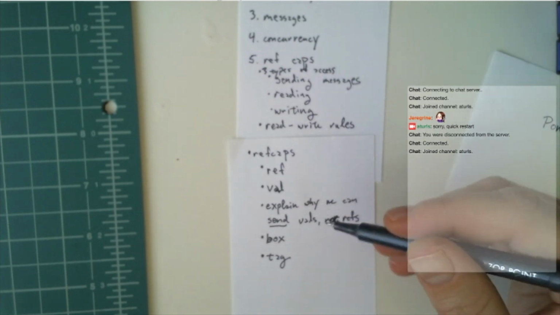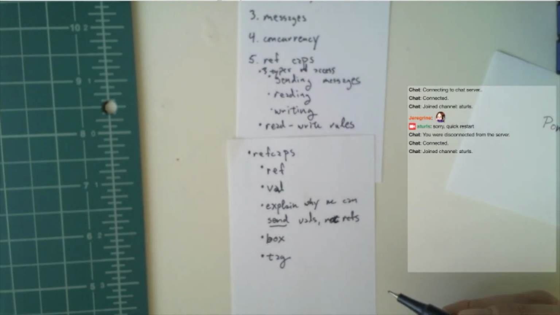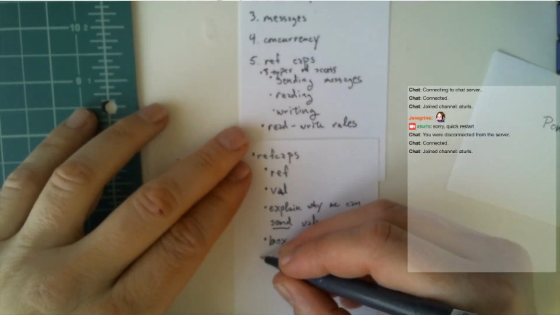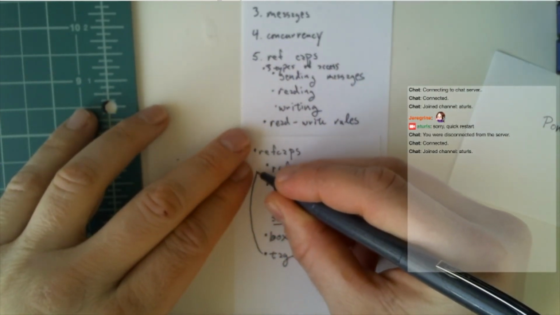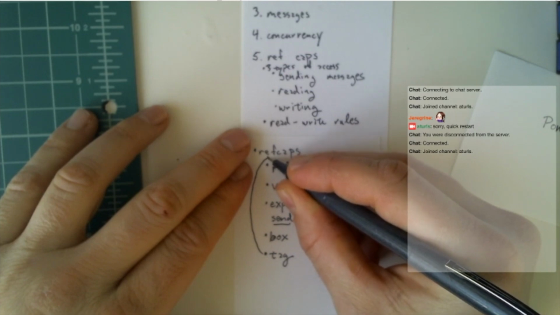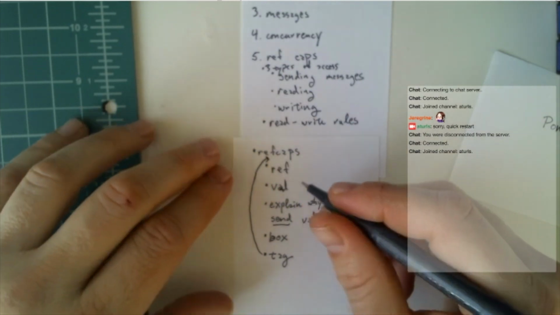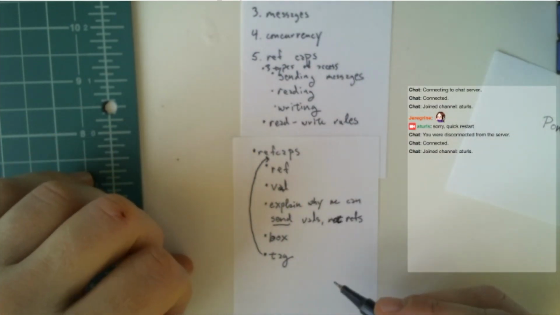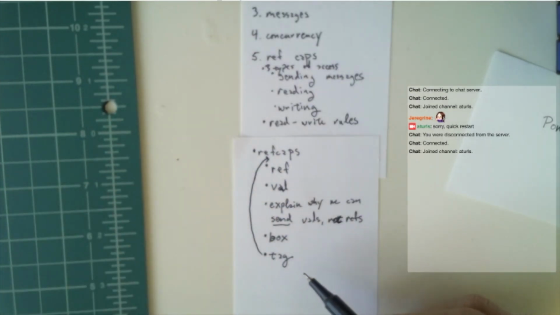In fact, you can use all of these reference capabilities to send messages to actors. And so there's a part of me that wonders if maybe I should move tag up and actually just talk about that first and say here's what you can do with tag, and you can do this with every one of the reference capabilities, but the only thing tag really lets you do in terms of access is send a message to an actor.